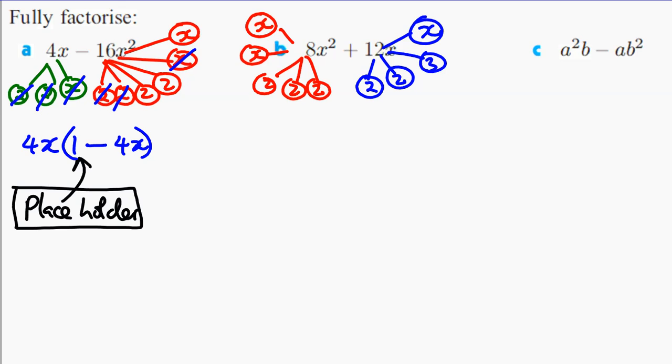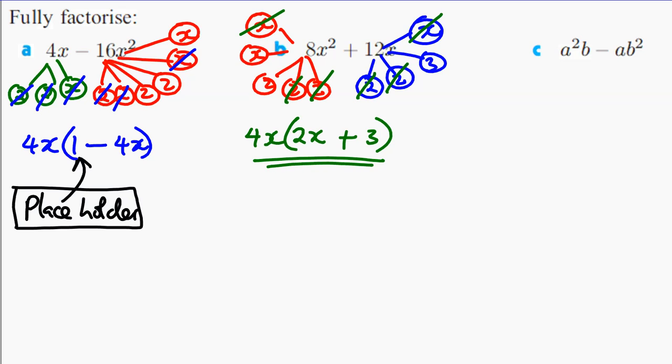Let me write this x properly. It doesn't look good, so I'll erase it and write it again. It's better. So what's common here is 2 and 2, and then we have x. So 4x is our highest common factor here. What remains is 2x on the left plus 3 on the right. So it's 4x into 2x plus 3. Final answer.